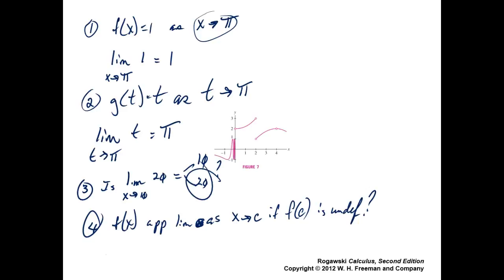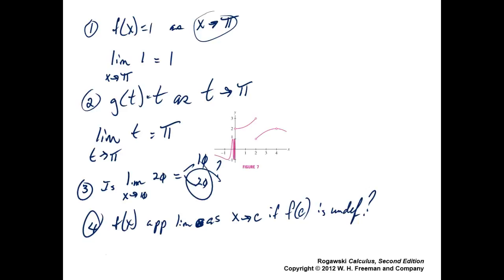It's a legitimate question. I would have rather said if f of c has no value given. Okay? Because when I read undefined, I think that's as opposed to indeterminate. It could be if f of c is indeterminate, but if f of c is undefined, my definition, that never exists.